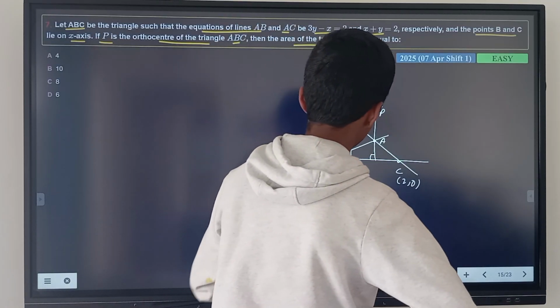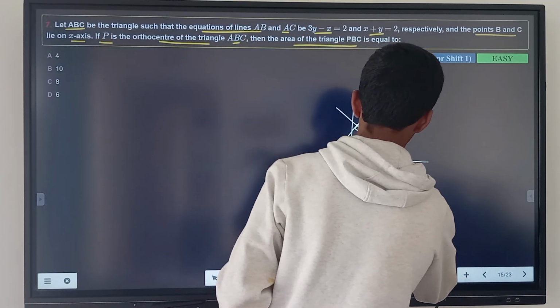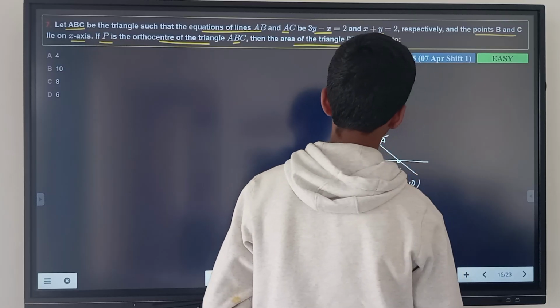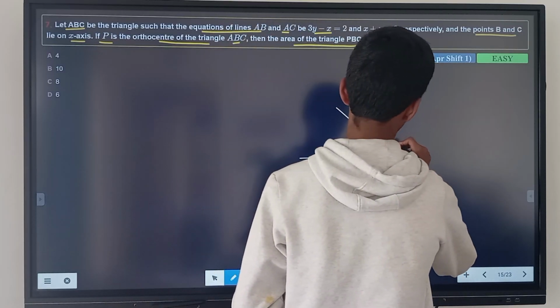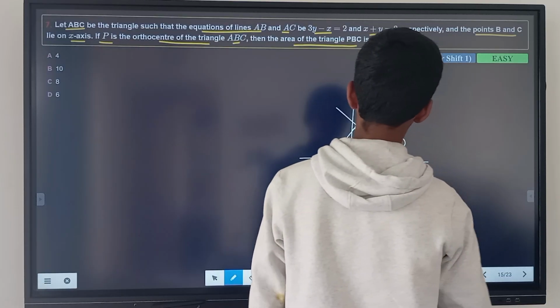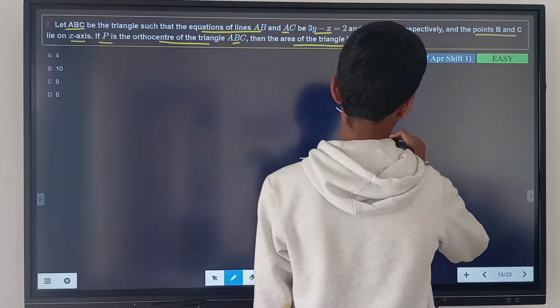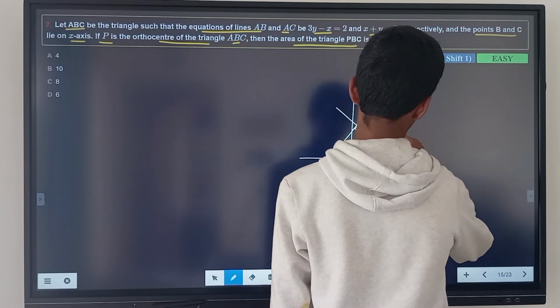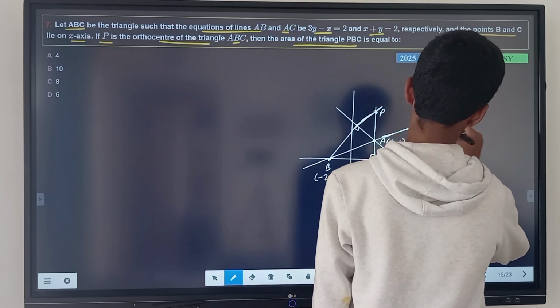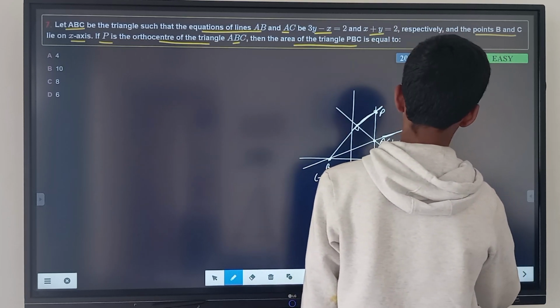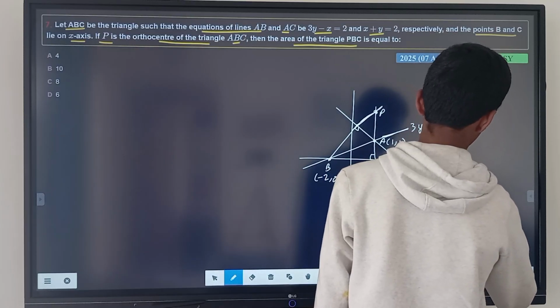or before writing this, this is our line x is equal to 1, because our point A is (1, 1). On intersection, this line is 3y minus x is equal to 2. This line is x plus y is equal to 2.